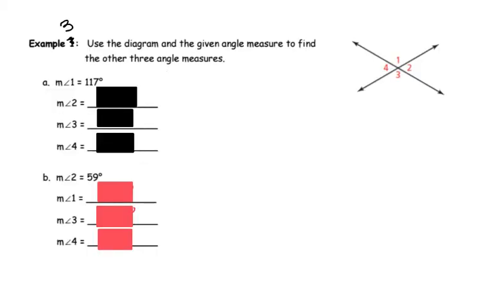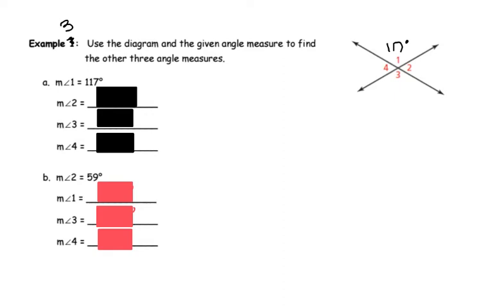All right, now to throw some geometry work into the mix, we're going to use the diagram and the given angle measures to find the other 3 angle measures. So here you have 4 angles, and they're telling us that angle 1 is 117 degrees. Now remember, 2 things here.